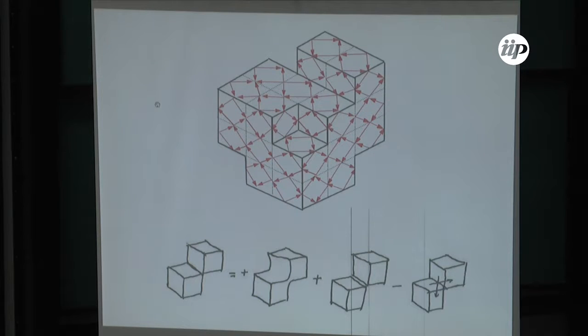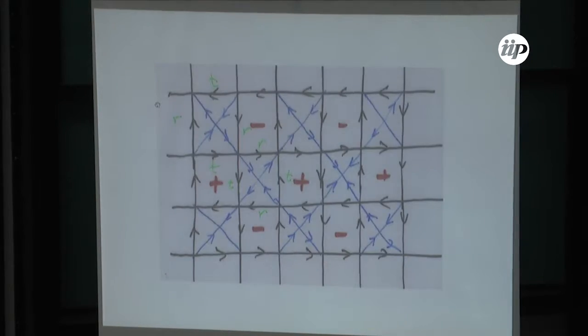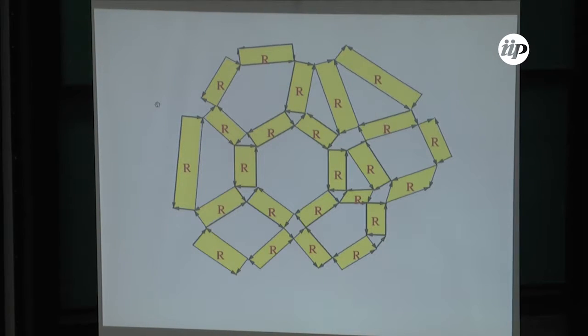You have these small arrows, vertices, and so this picture precisely corresponds to the red lattice there in the previous picture.